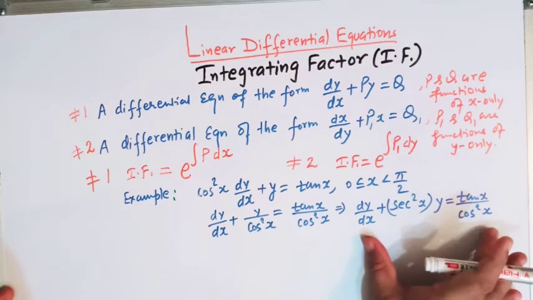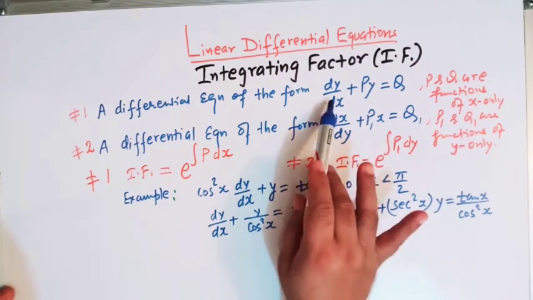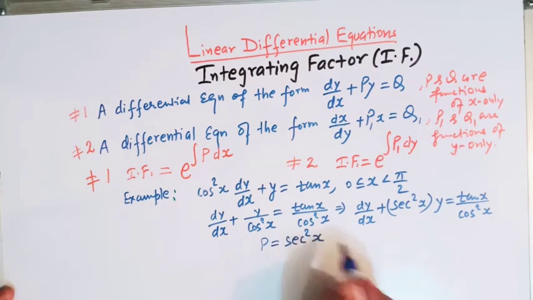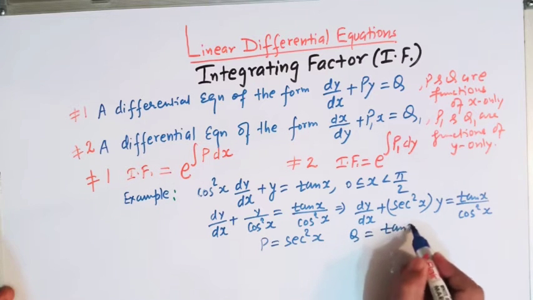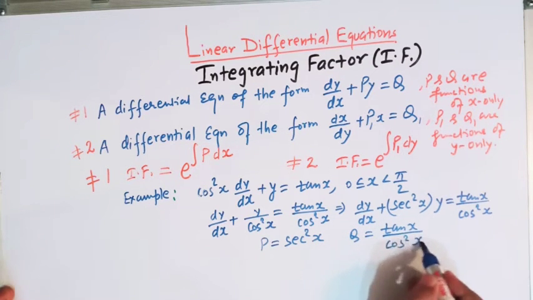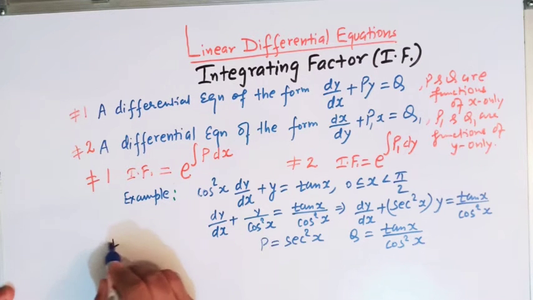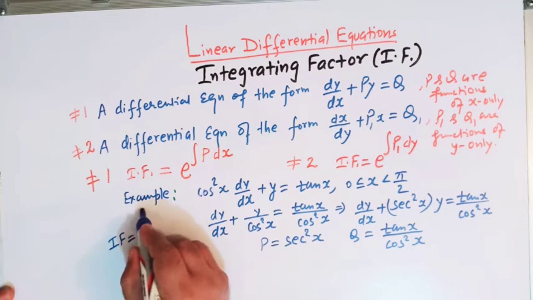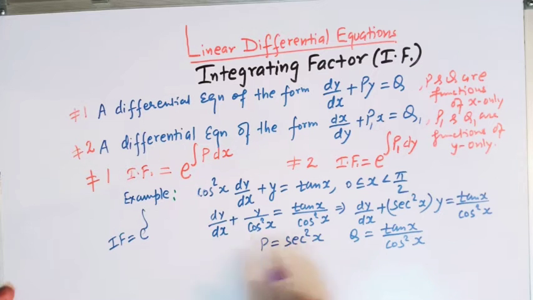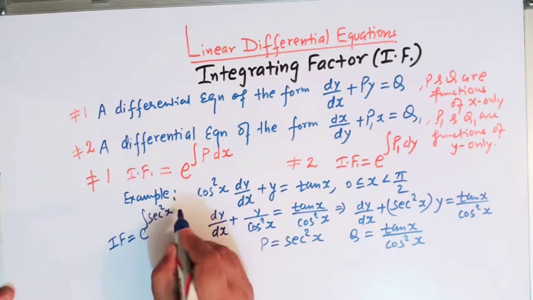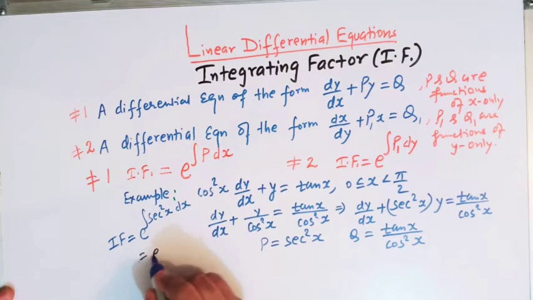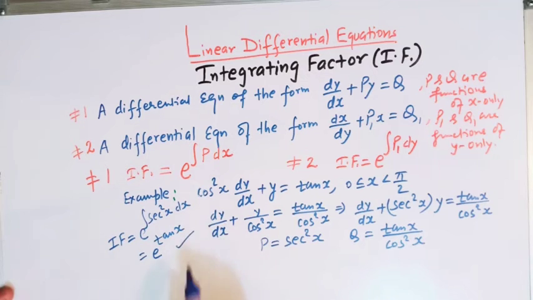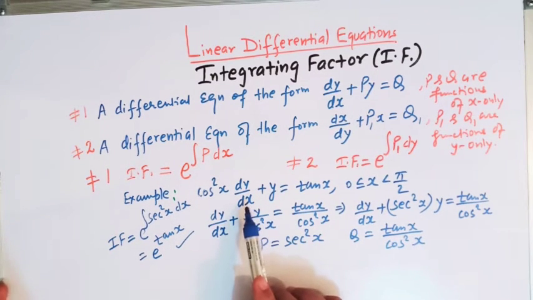Now this equation is similar to the standard form, so if we compare, we get P = sec square x and Q = tan x divided by cos square x. Now the integrating factor of this linear differential equation is e raised to the integral of P dx, and the value of P is sec square x, so the integral of sec square x dx, right? Now the integral of sec square x is tan x, so the integrating factor is e raised to tan x.